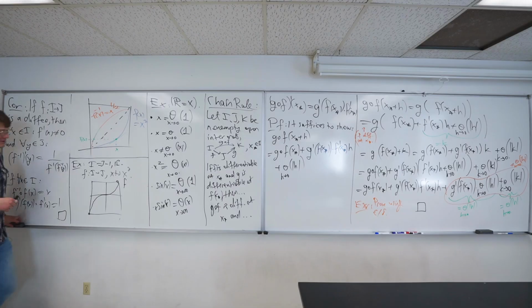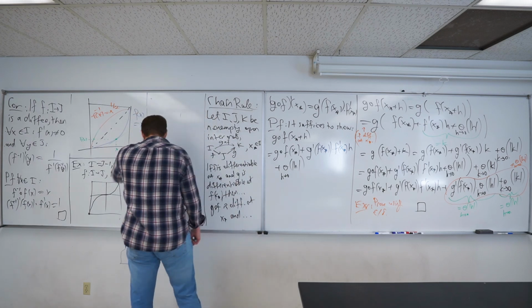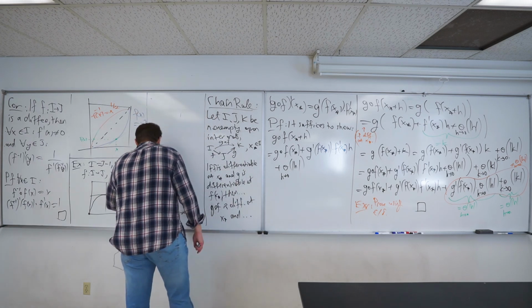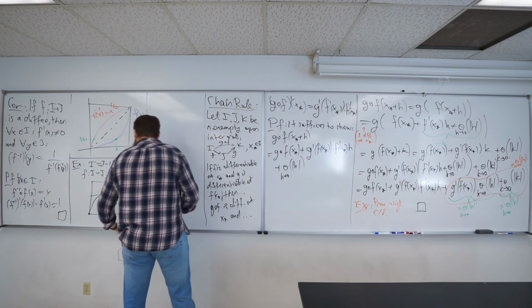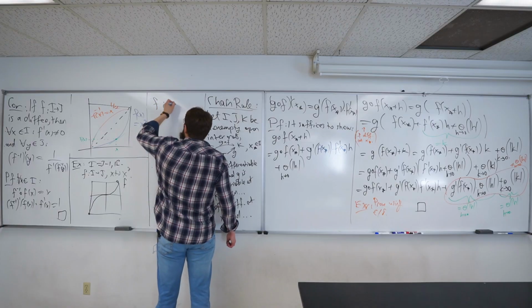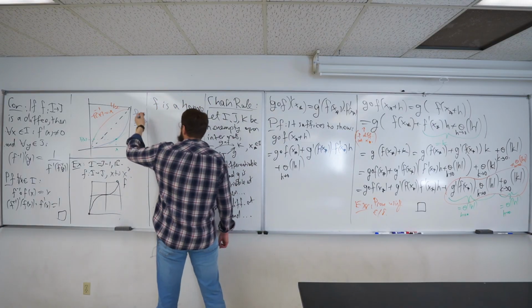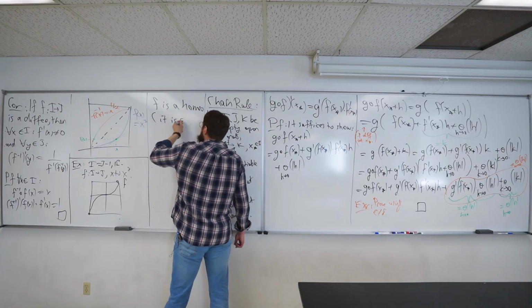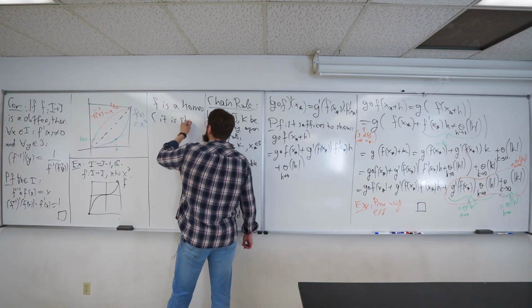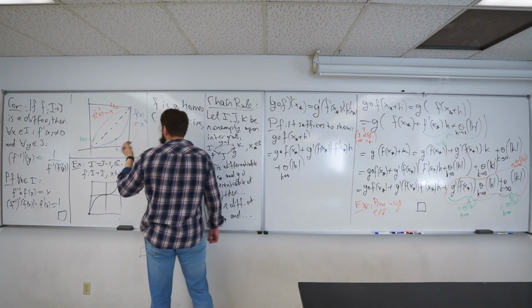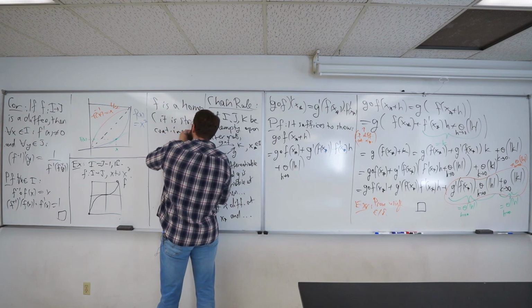Just to summarize, I'll write a couple of words here. f is a homeo: it is strictly increasing, continuous, and its image is an interval.